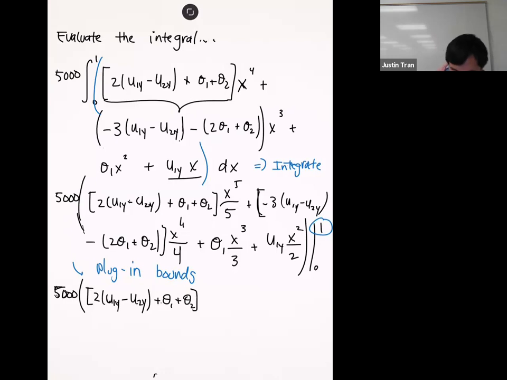We evaluate x to the 5th over 5 at x equal to 1, and so we have times 1/5.